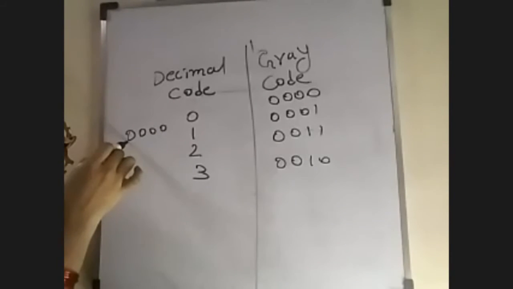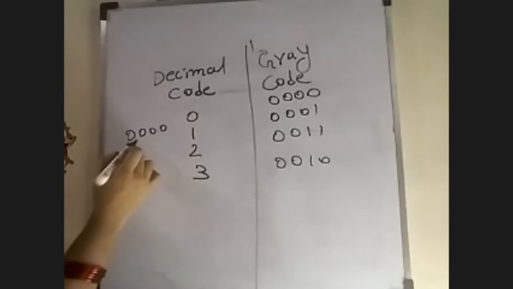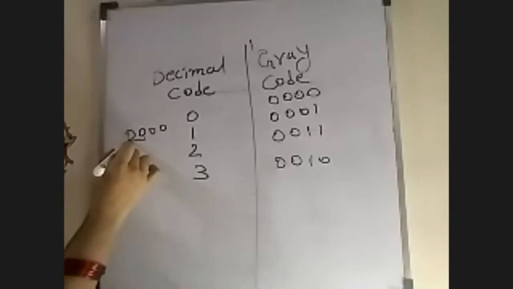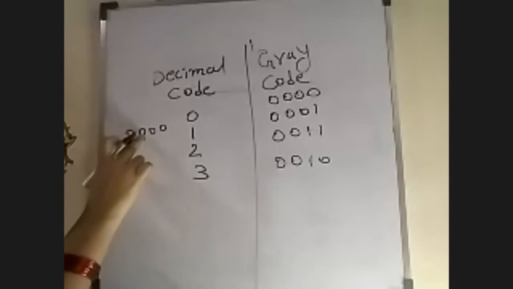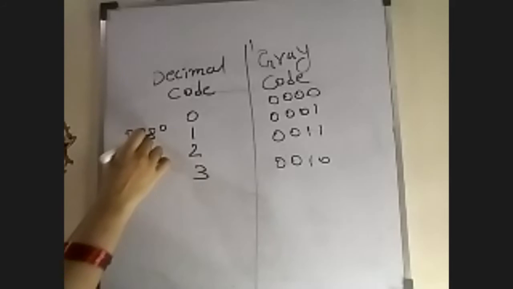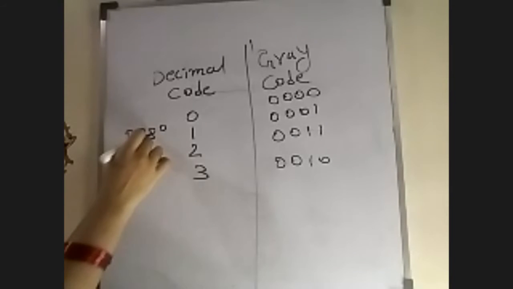The first bit is written as it is. Next, apply exclusive OR between each pair of adjacent bits: 0 XOR 0 is 0, 0 XOR 0 is 0, 0 XOR 0 is 0. That is why we got 0000.